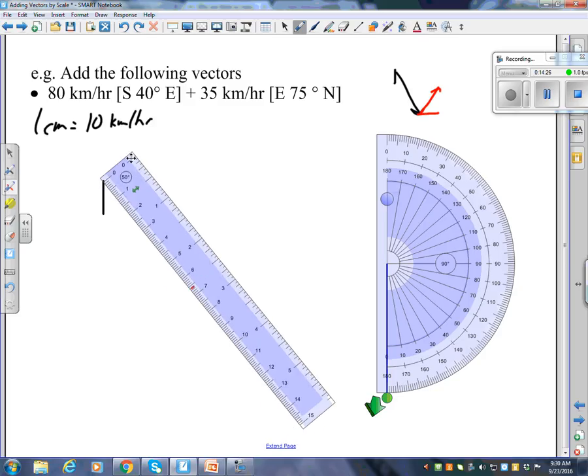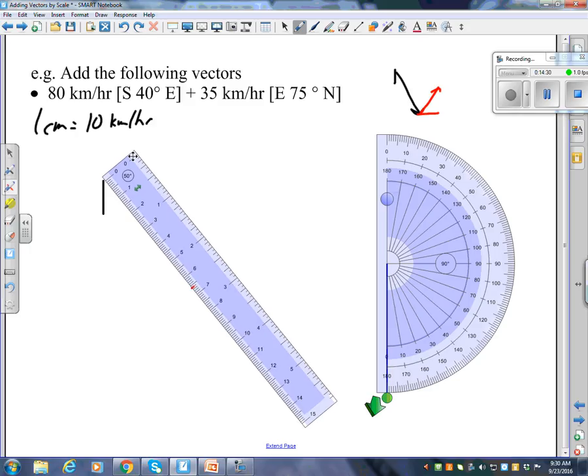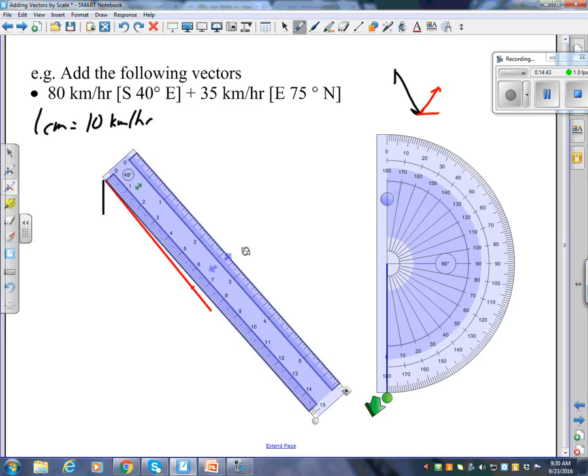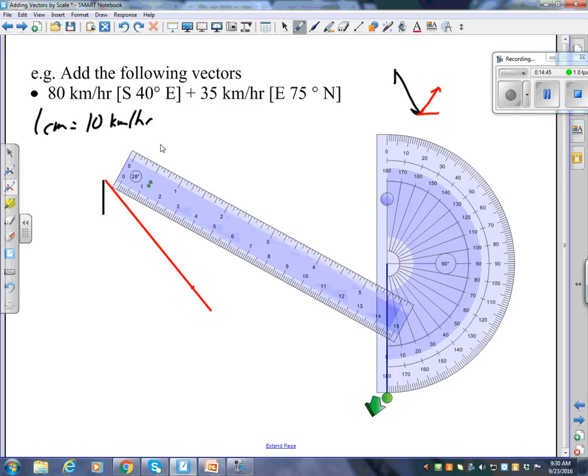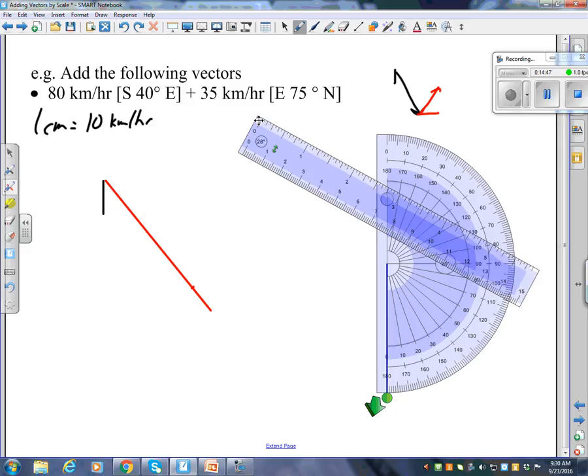From there, okay, 80, so 8 long. I went a smidge long. It's hard to do up here. Okay, did you do that first?